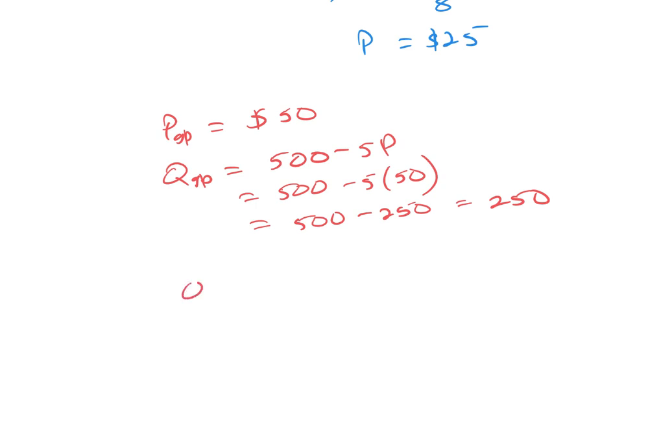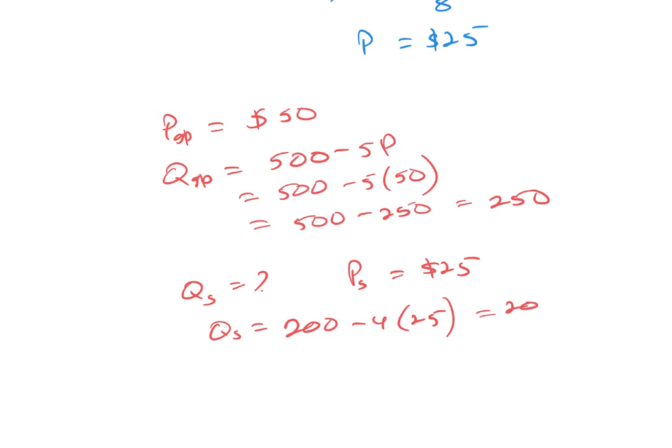For students, we know that the price that we charge them should be $25. So at $25, the demand for students is 200 minus 4 times 25, which is 200 minus 100, which equals 100.